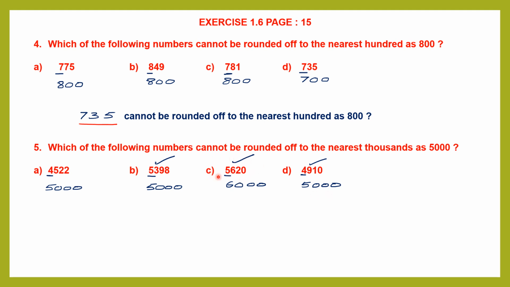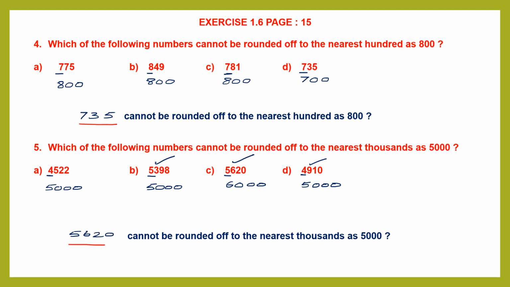So this is the number that cannot be rounded off to the nearest thousand as 5,000 because when you round it off, what do you get? You get 6,000. So this is our answer. So let's write down that answer. 5,620 cannot be rounded off to the nearest thousand as 5,000.